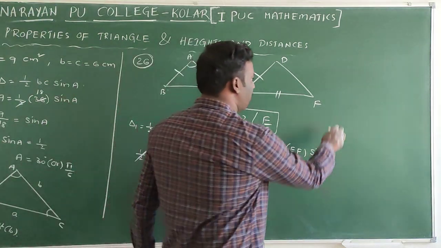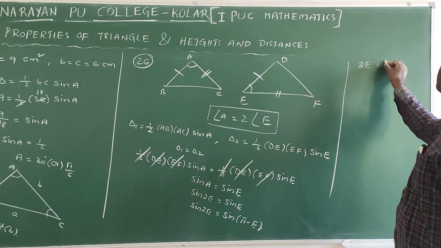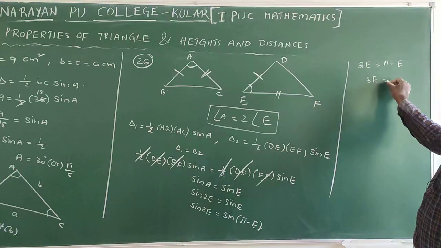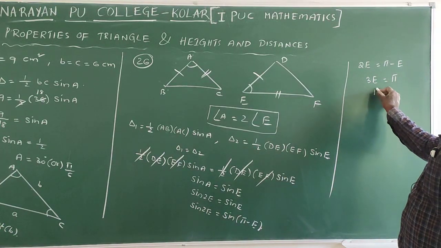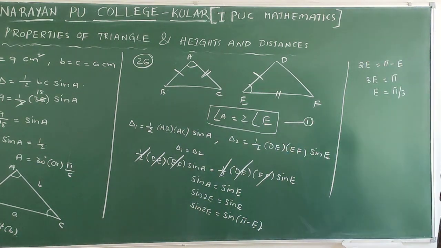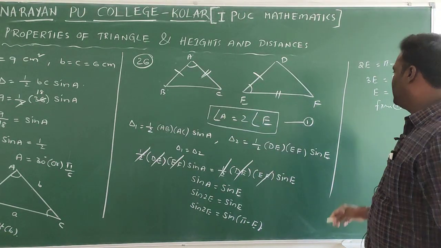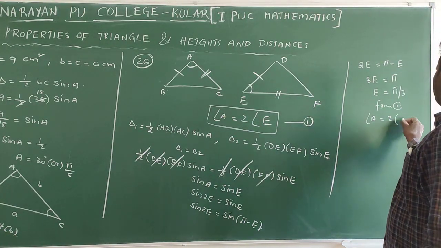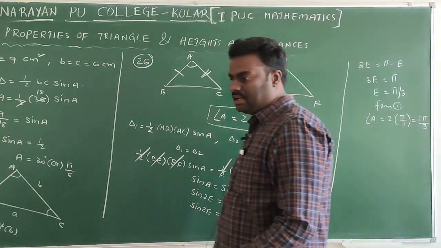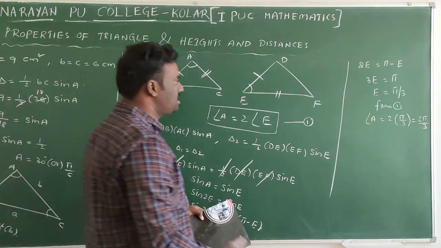Now from this, both sides sin and sin get cancelled: 2E equals pi minus E. Now 3E equals pi, E equals pi by 3. Substitute this in equation 1. From equation 1, angle A equals 2 into pi by 3, that is 2 pi by 3, the required answer for this question. 2 pi by 3 is option C, the correct answer.